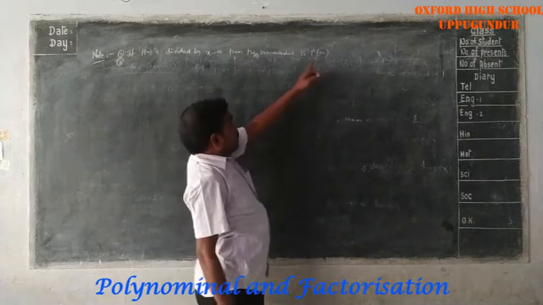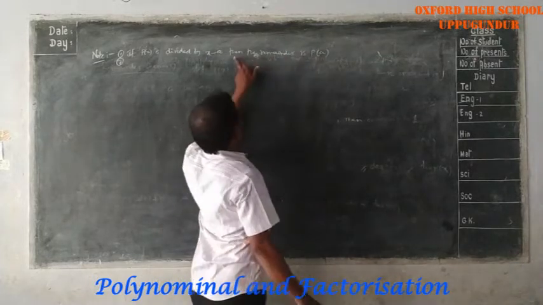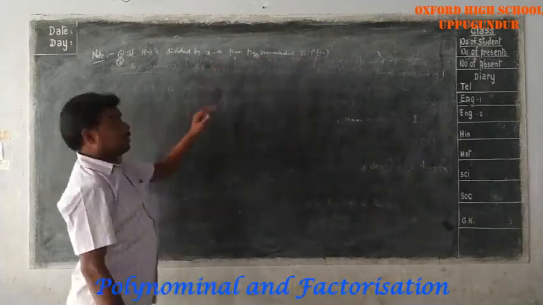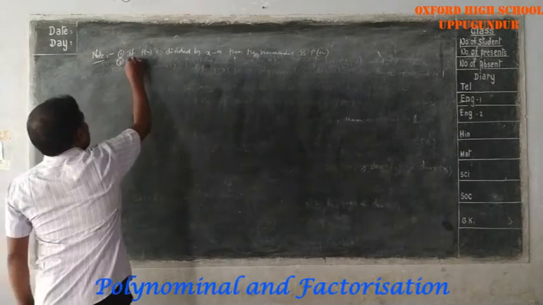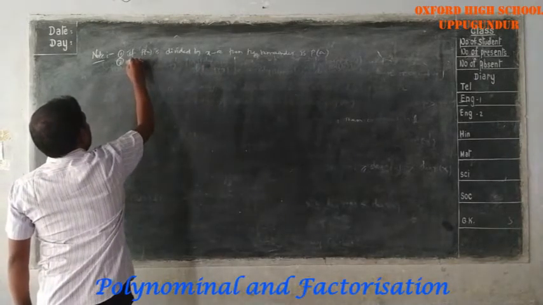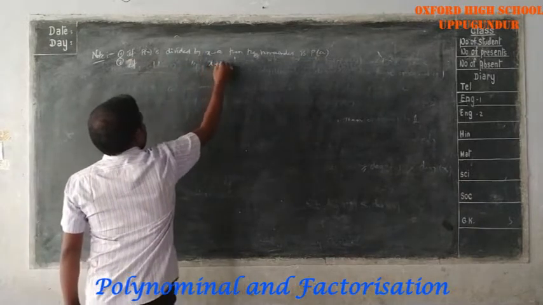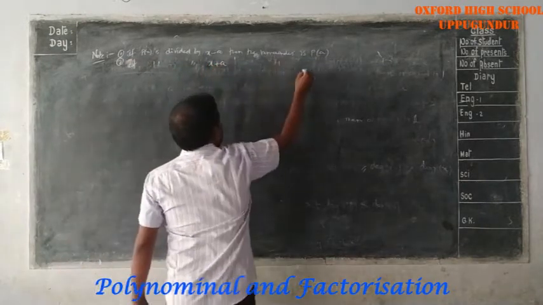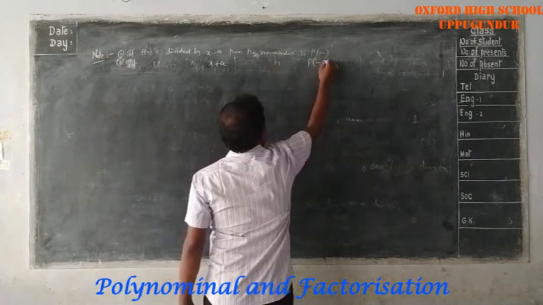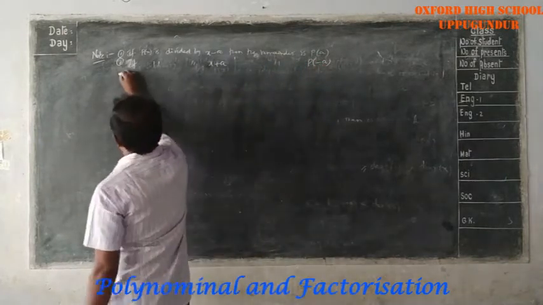So in place of x, what are you substituting here? The zero of the linear polynomial. Similarly, if p of x is divided by x plus a, then the remainder is p of minus a.